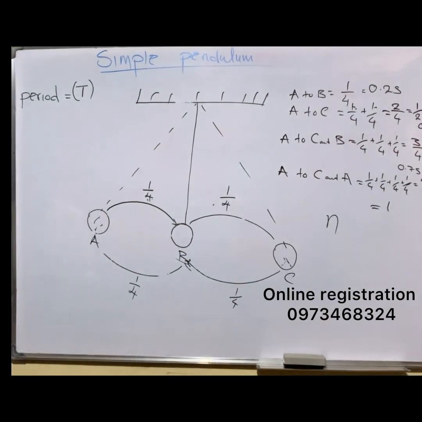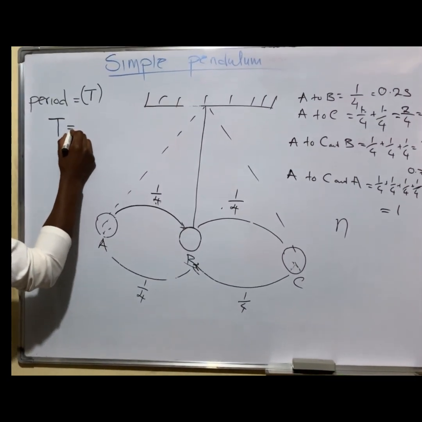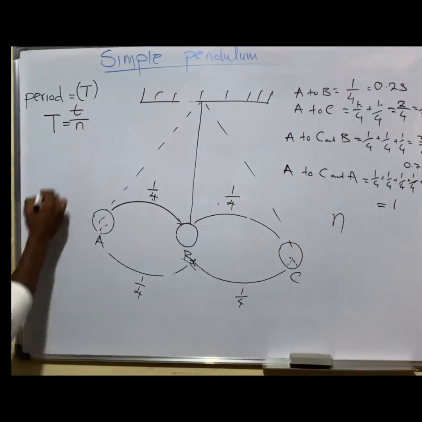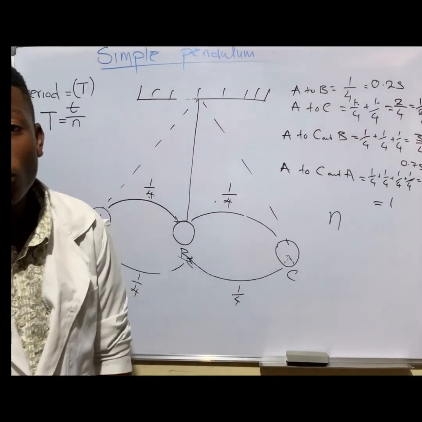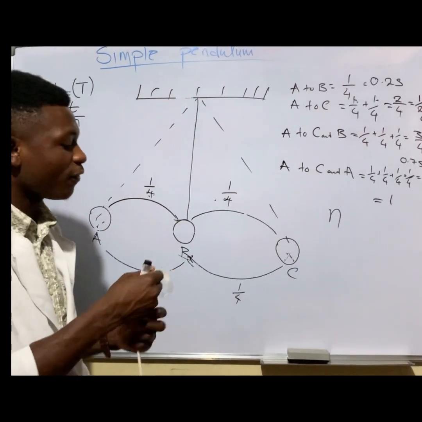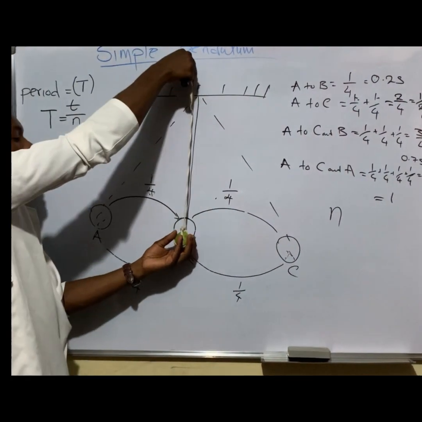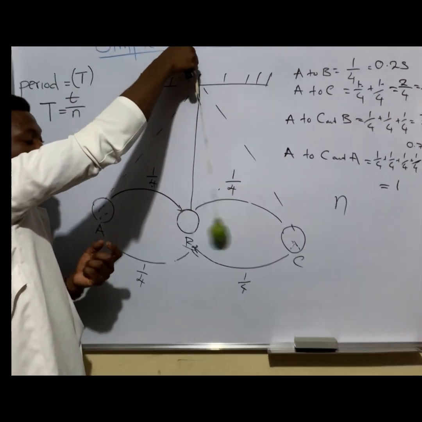How do you find the period of the pendulum? Period, capital T, is equal to the time taken over the number of oscillations. How they do it is like this: you have a phone or a stopwatch where you are measuring time. As the pendulum is moving, time starts recording.